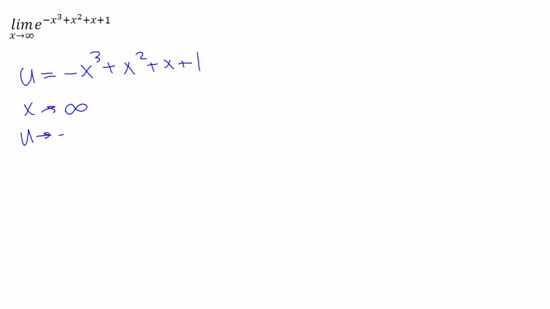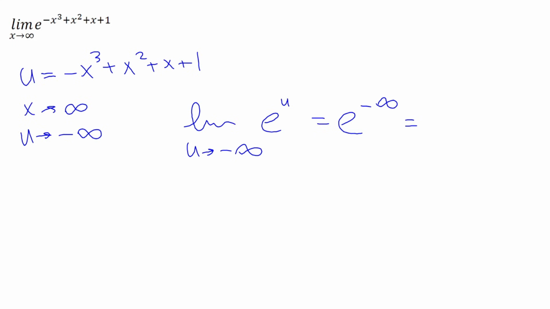So u is going to approach negative infinity cubed, or negative infinity. So we could rewrite this as a limit as u approaches negative infinity of e to the u. Well, that's equal to e to the negative infinity, which is 1 over e to the infinity, or 1 over infinity, which is just 0.